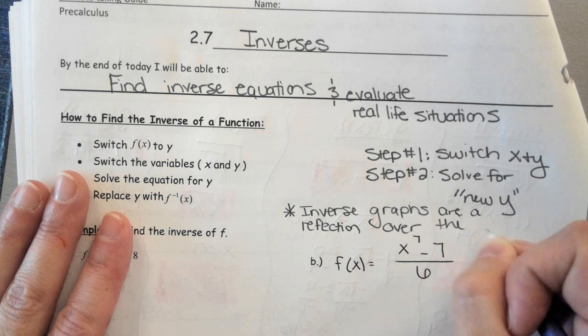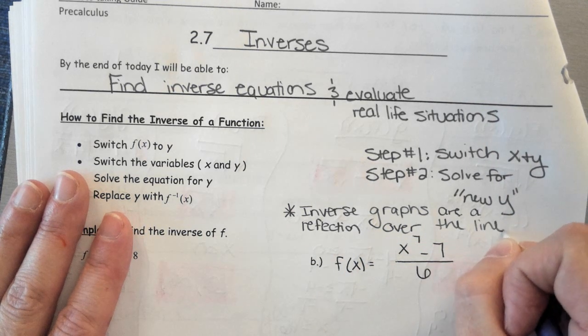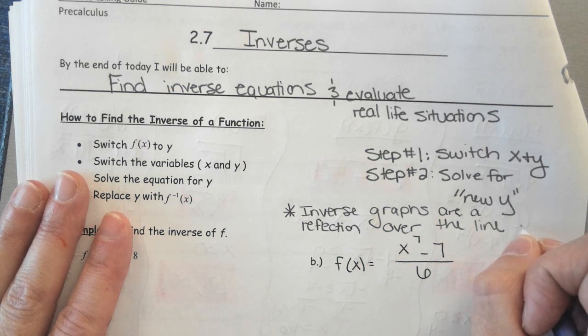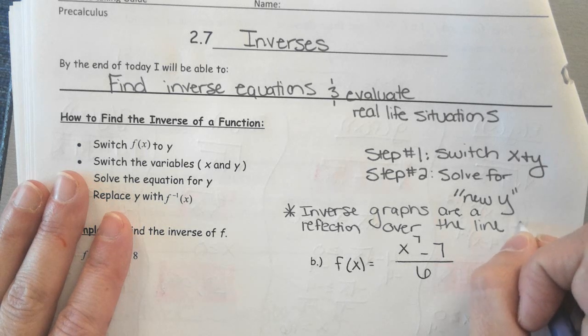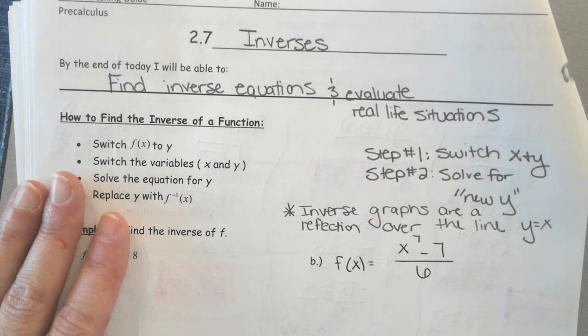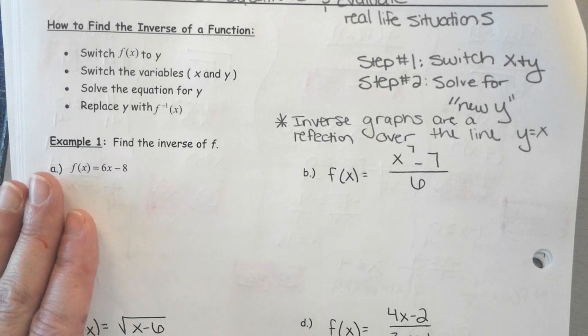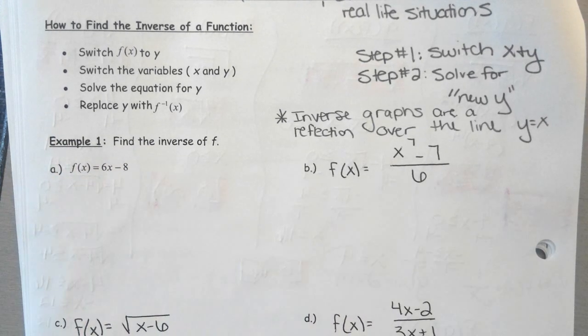Does anybody remember which line? Y equals X. If you're guessing X or Y axis, you can see why you guess those. It is a reflection over the line Y equals X.